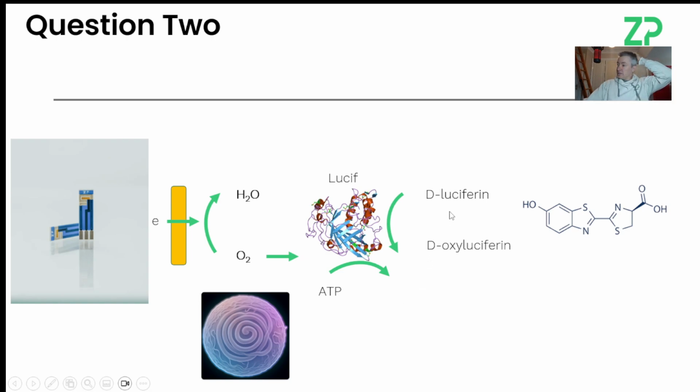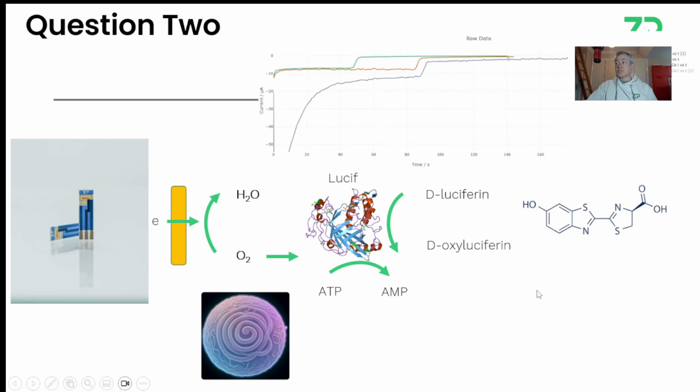You were interested in this particular substrate. The bacteria gives out ATP, and oxygen is naturally in the solution. In that reaction, ATP becomes AMP, adenosine monophosphate. So you can monitor the oxygen concentration in the bioreactor, and as the oxygen is consumed by this enzyme reaction, you will see the change in signal.